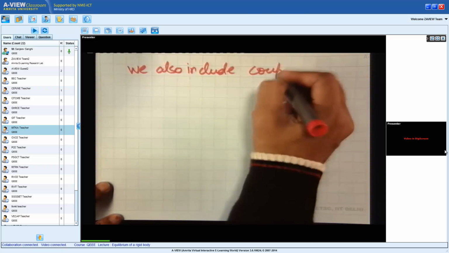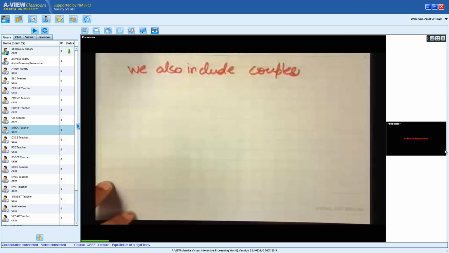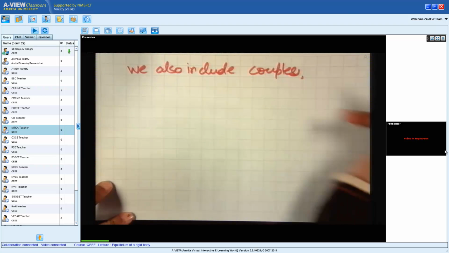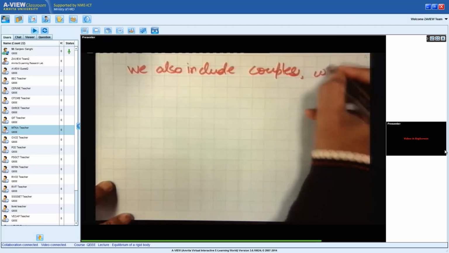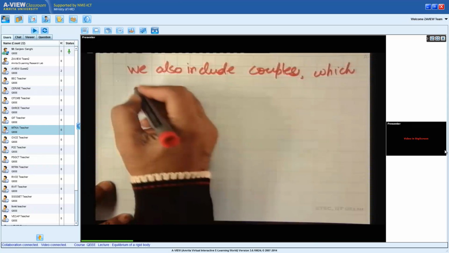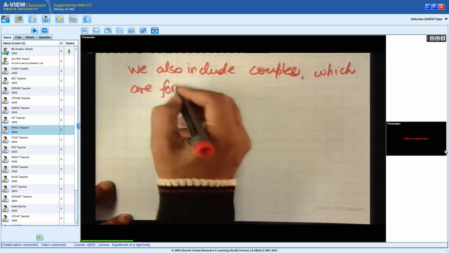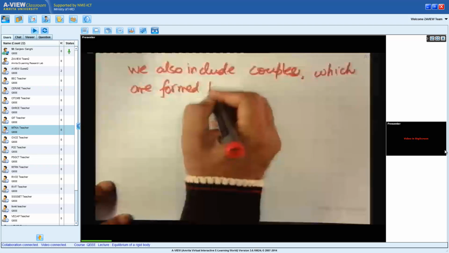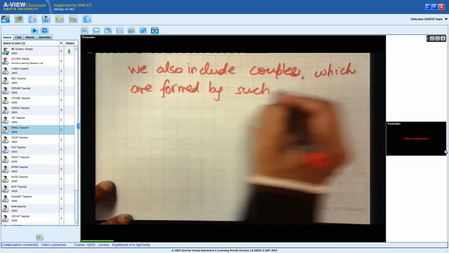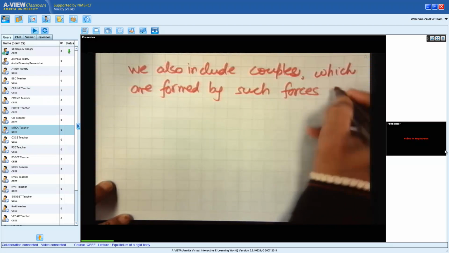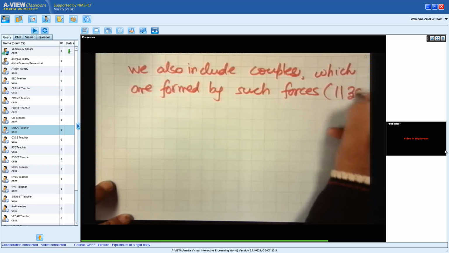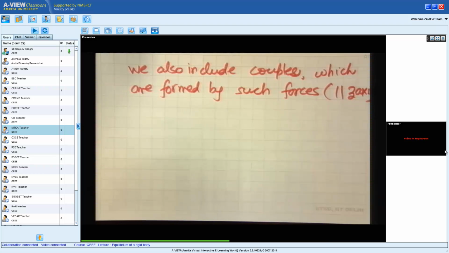So now we also include the couples. And what type of couples will we include? Couples which are formed by such forces. Such forces means forces which are parallel to the z-axis.